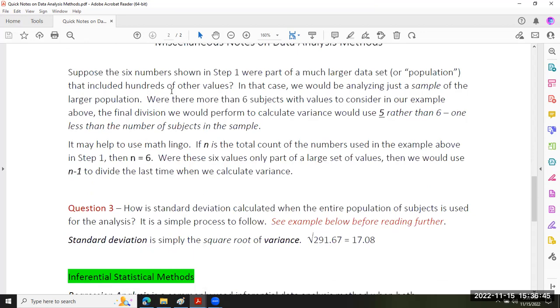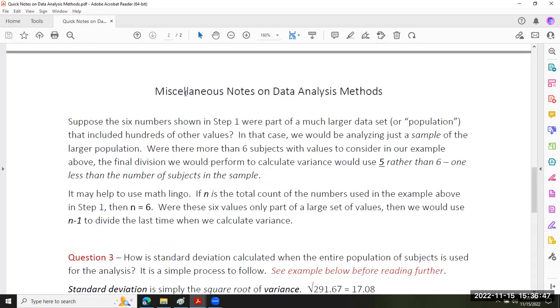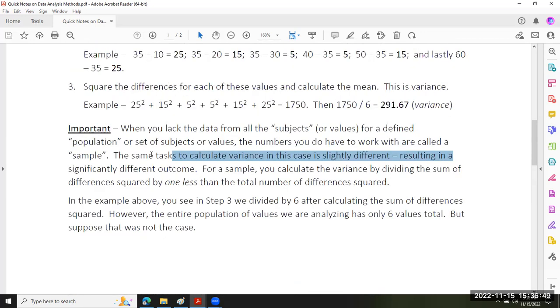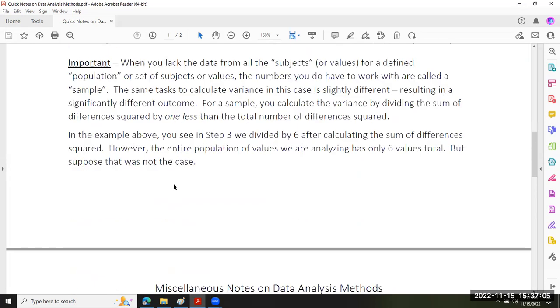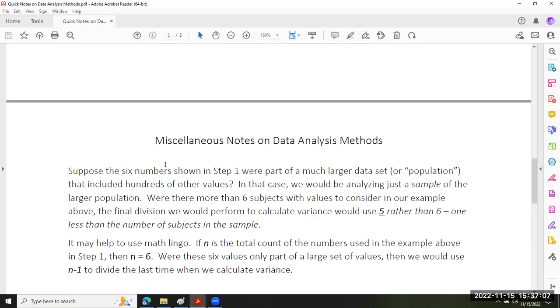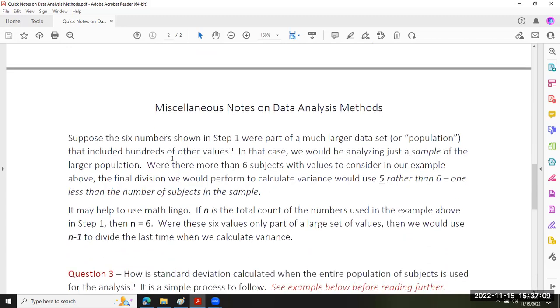Now, let's pretend that the 6 values that we were showing you on the previous page were actually just 6 random values that we selected from a much larger set of data. You can get very different answers, right? So let's say that you had hundreds of other values, and we just chose 6 out of those.